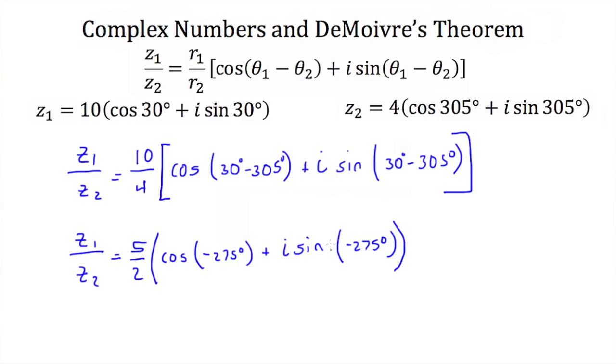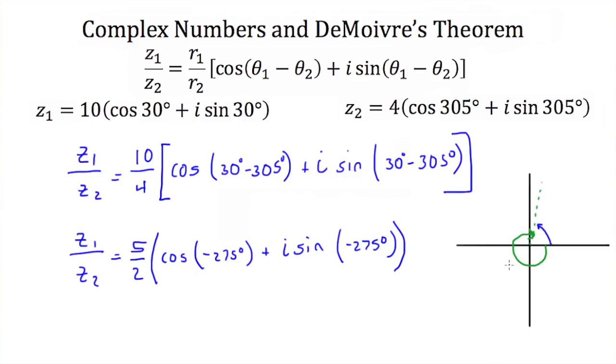Now, this is an acceptable solution, except I don't usually like to have negative angles. If I start here and I go in a clockwise direction, or a negative direction, around to 275 degrees, I can find a positive angle by going the other direction.